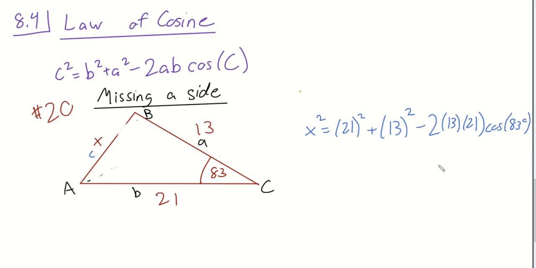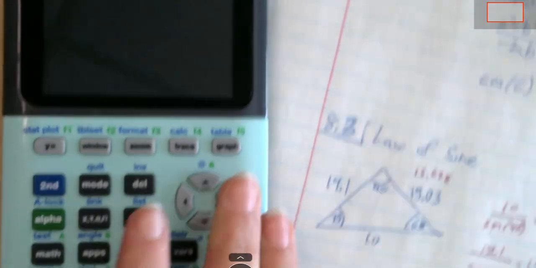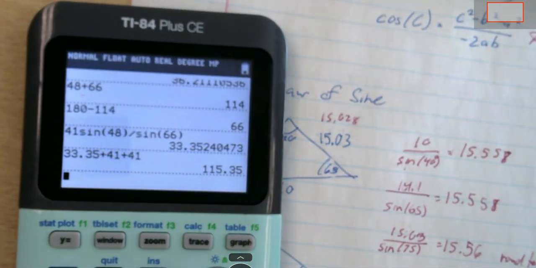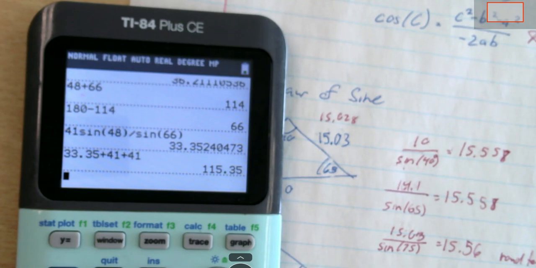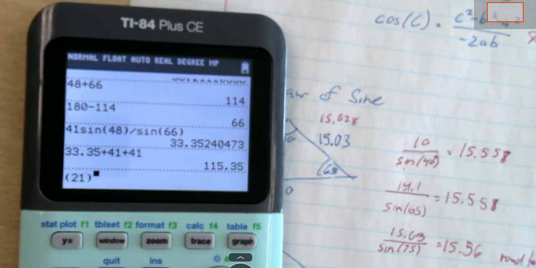I'm going to show you how to put in the calculator. Okay. You guys have slightly a different calculator than me. Let's do our parentheses. 21 squared plus 13.